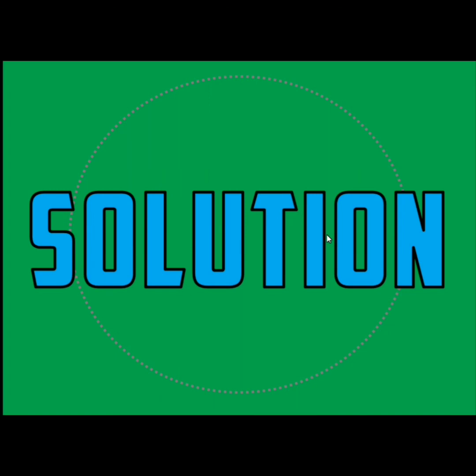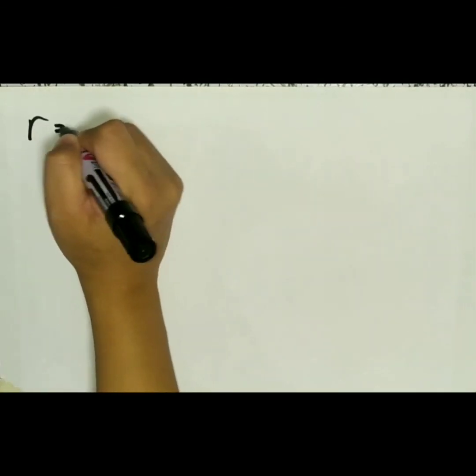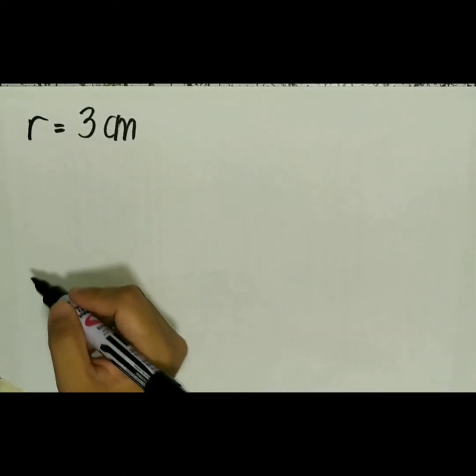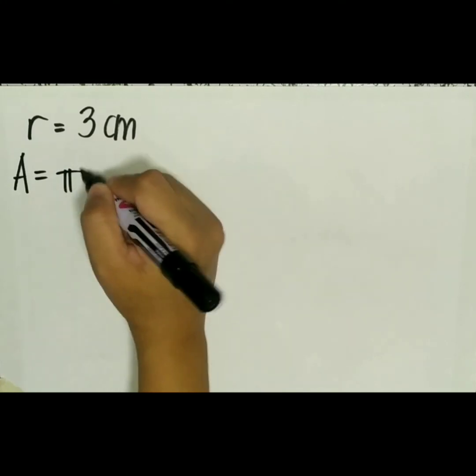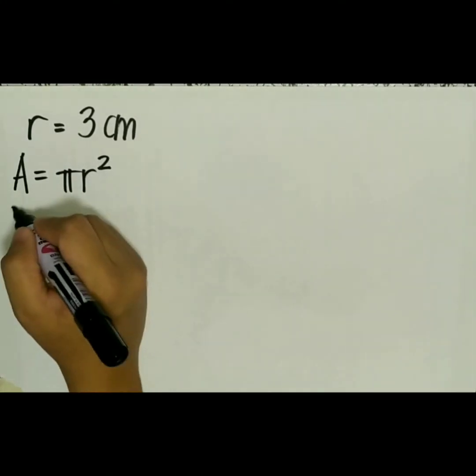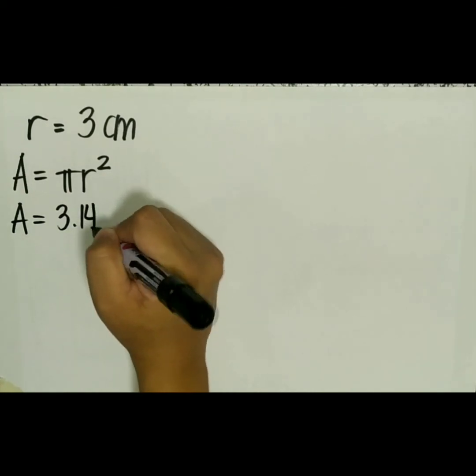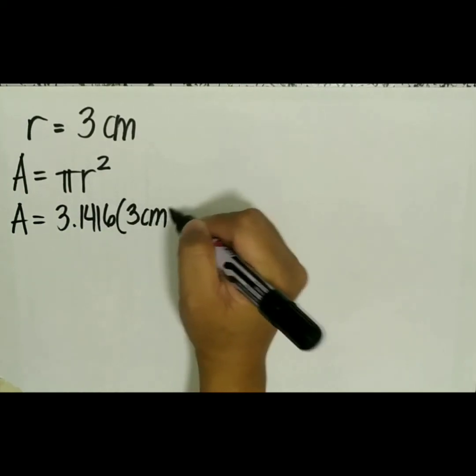Let us now show our solution. The given radius is equal to 3 centimeters. Let us compute for the area of a circle using this formula. A is equal to pi r squared, where pi is equal to 3.1416 and r is equal to 3 centimeters.